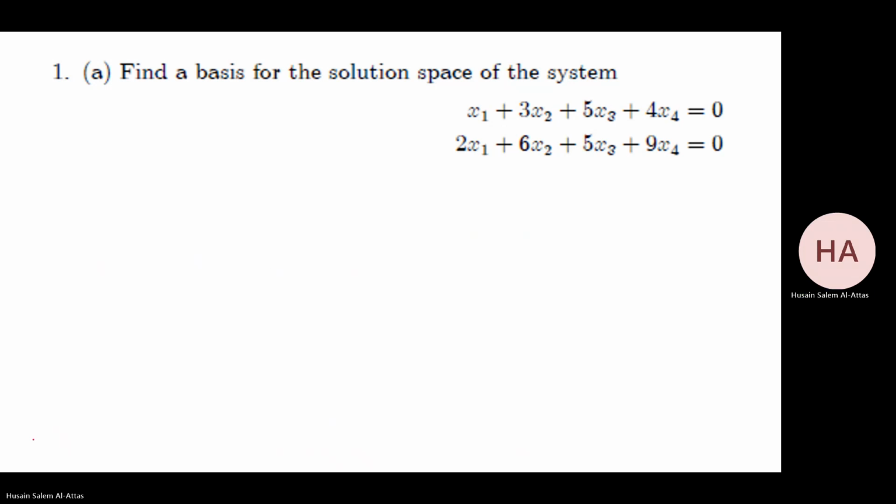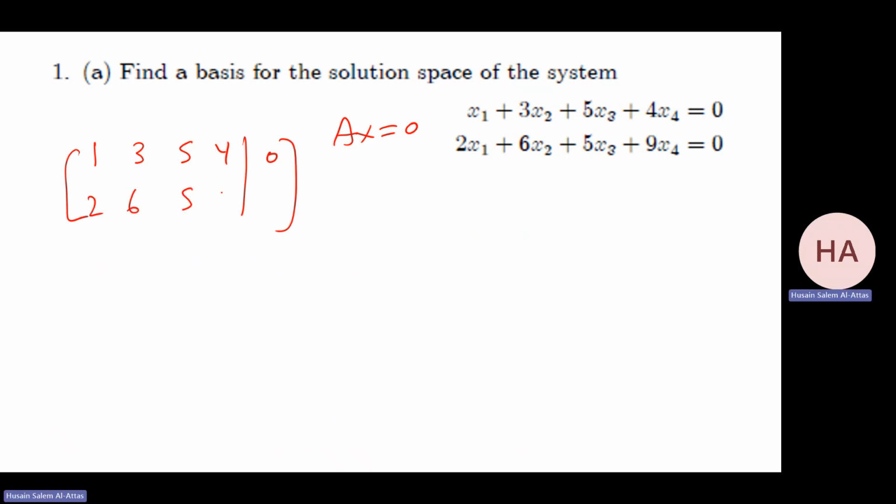Okay. I have the system AX equals 0. Write it as a matrix. That will be 1, 3, 5, 4, 0. Only 2 rows. 2, 6, 5, 9, 0. I multiply the first row by minus 2 and add it to the second row.